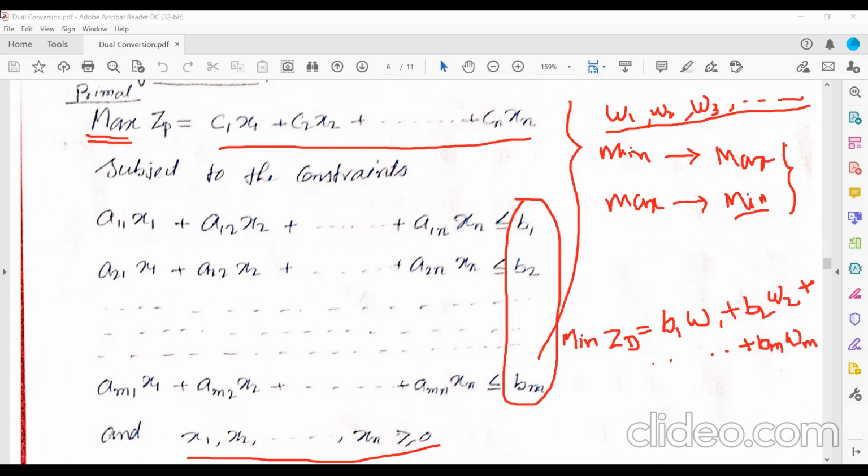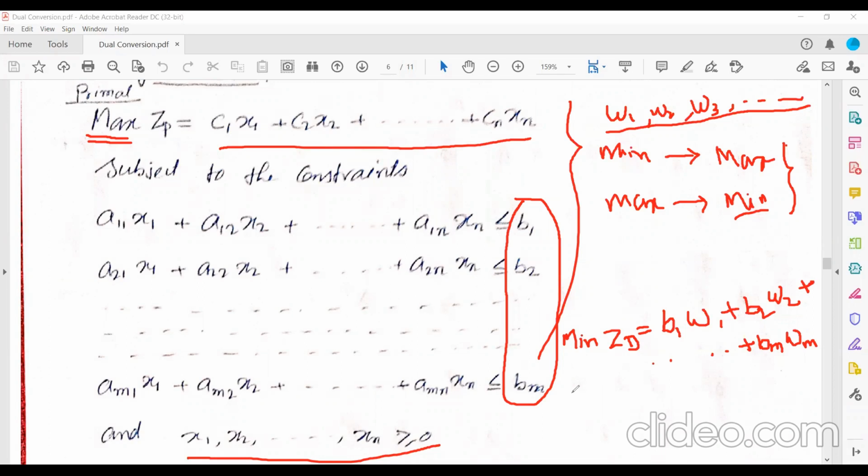Is that clear? The objective function is written by using this constant vector. This is the dual linear programming problem we are converting from the primal linear programming problem.